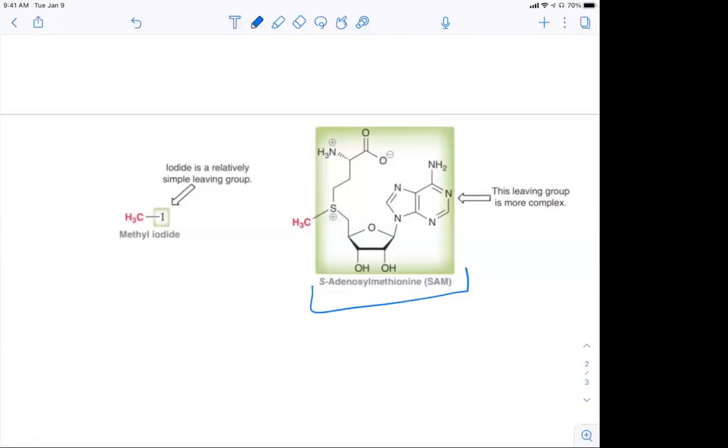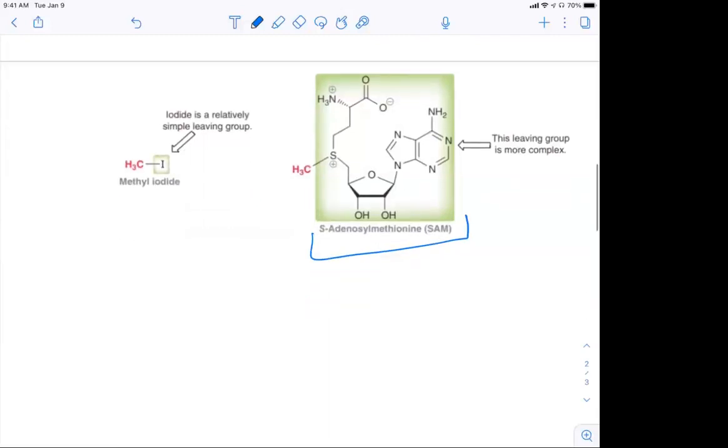So it looks like a big waste, but it's going to be recycled. This goes on and gets remethylated through another process. It'll fall apart, get phosphonated by inorganic phosphate, and then come back and get recycled. So it's not like we're throwing the whole molecule away. It's not like the water bottle society we live in. The body is very efficient.